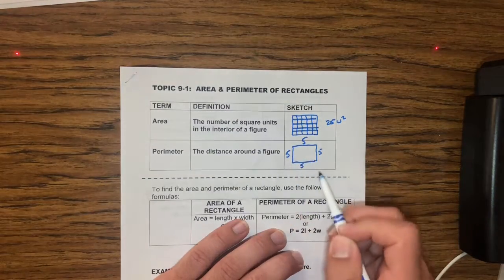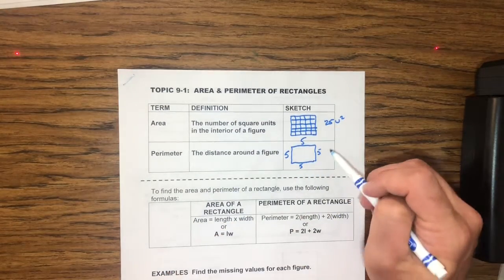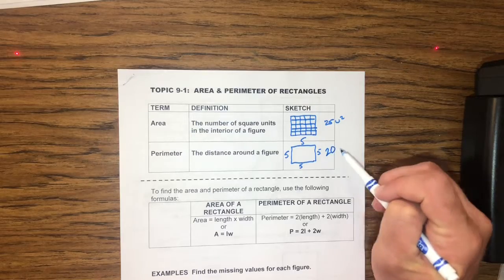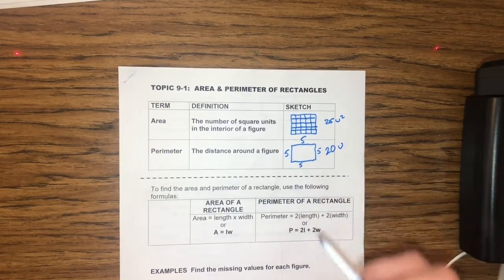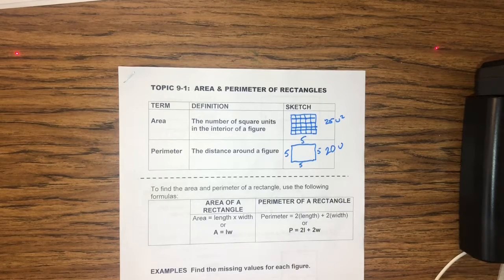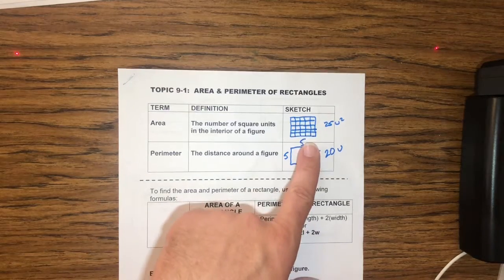What is the perimeter? You go through there. Y'all can answer that. 5, 10, 15, 20. 20. Okay, so the 20 units, now notice that this isn't units squared. This is just units.